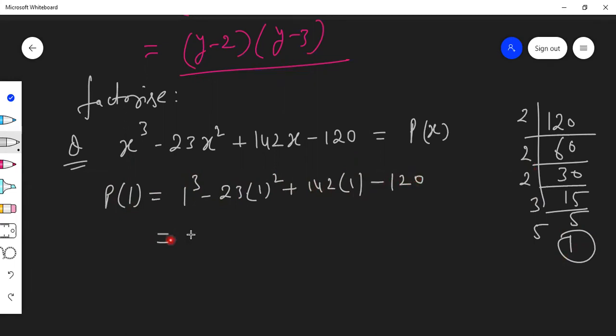So how much is this? 1 minus 23 plus 142 minus 120. Now see, positive and negative numbers you can add together, which is 143 minus 143, with 23 negative and 120 negative, no? So we are getting this is 0. P1 is 0, you see.